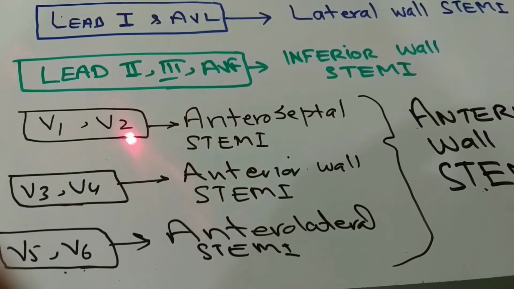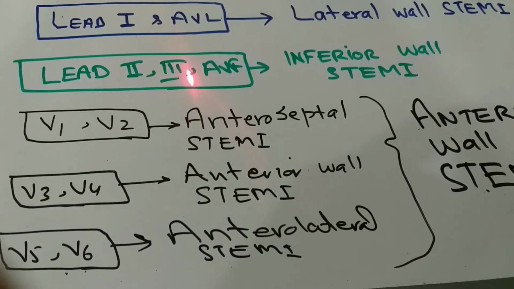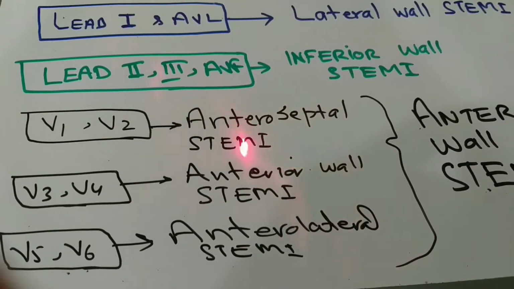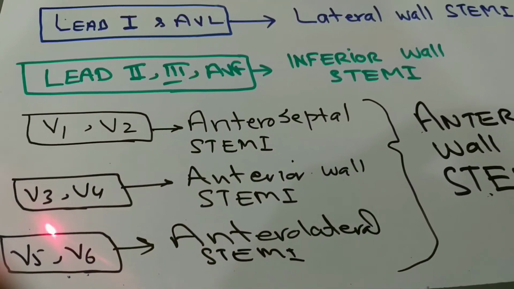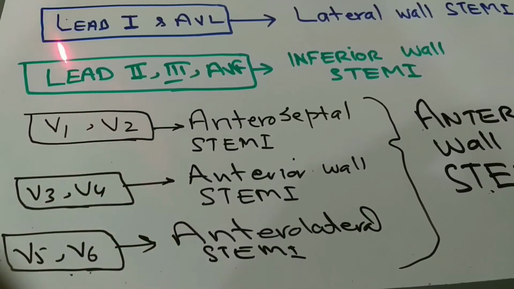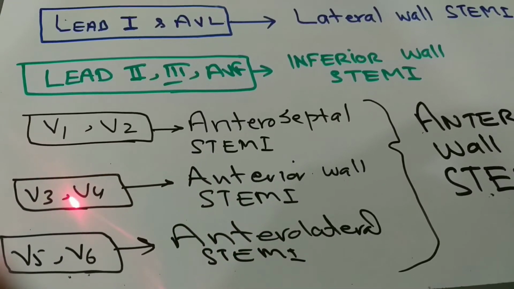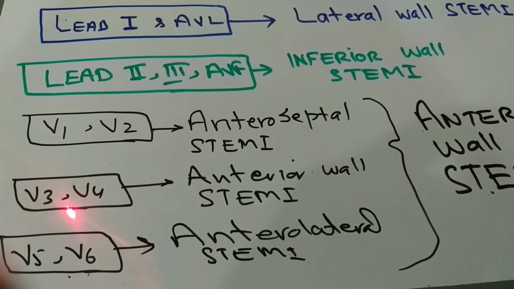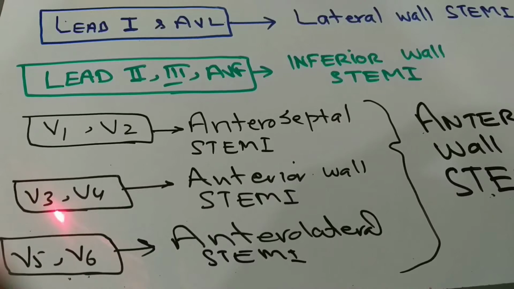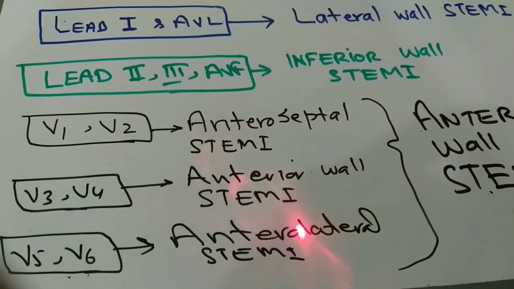Why anteroseptal? Because V1 and V2, as chest leads, are located towards the right side of the heart, near the septum. V3 and V4 are located in the middle of these 2 groups, and these are known as pure anterior wall leads. If the change of ST elevation is present in V3 and V4, we call it anterior wall ST elevation MI.